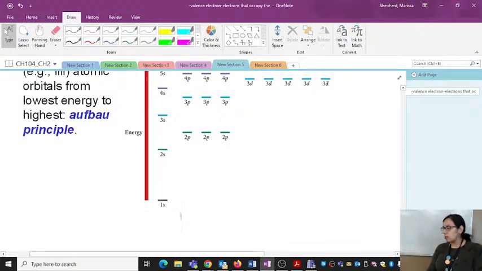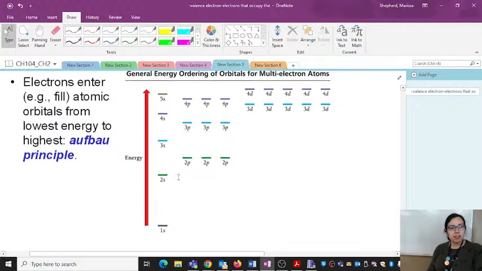The 1 to 2 has the greatest difference. Then that difference in energy level gets a little smaller as you go 2s to 2p. Notice this 2 to 3 is smaller than the 1 to 2. And then they all get subsequently smaller and smaller. That also explains why there's funniness towards the d's and f's.